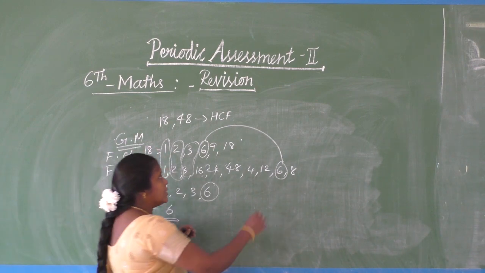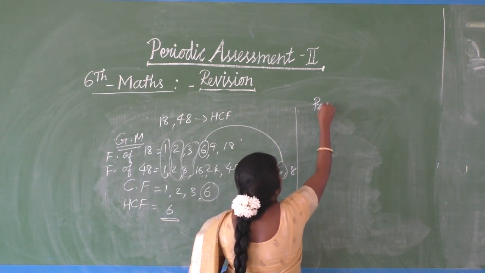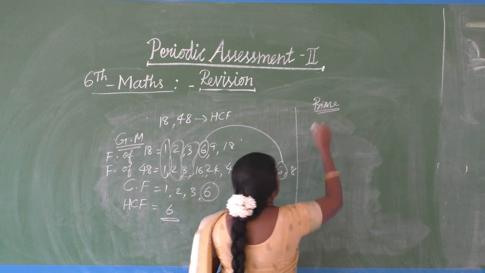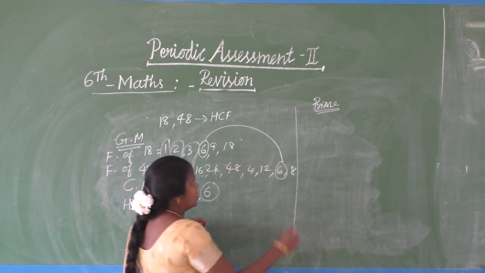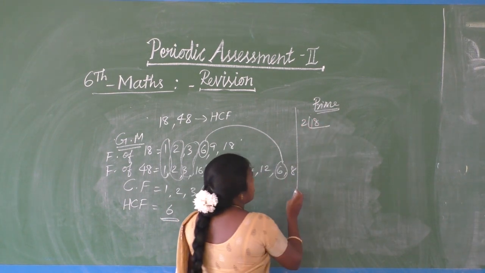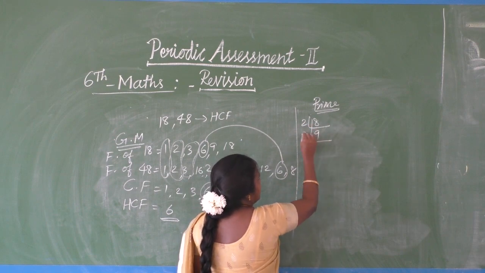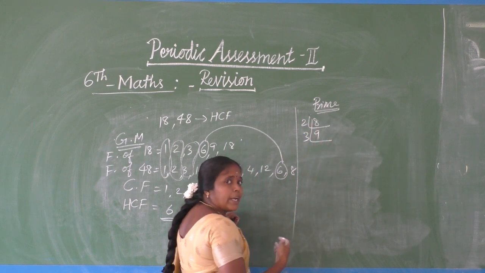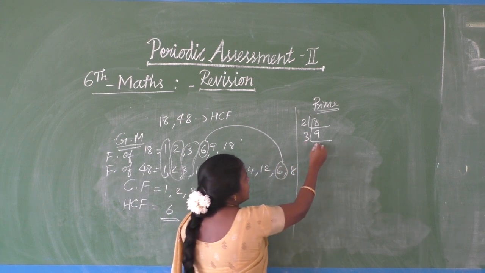I am doing the same sum by the prime factorization method, finding the HCF of the given two numbers. See, 18: divide by a prime number, 9 2s are 18. 9 is composite, so we divide again by 3, also prime. 3 3s are 9.